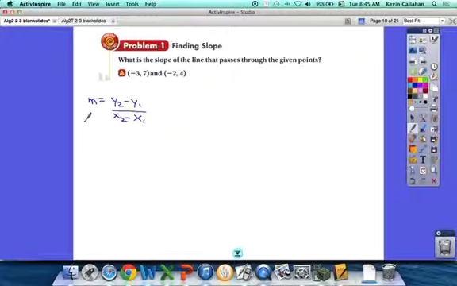So I could say that this is my x1, y1, and this is the x2, y2, and then it would look like this. It would be 4 minus 7 over negative 2 minus negative 3. If I reversed it, then it would look like this.